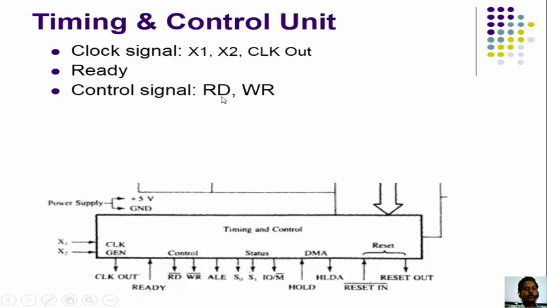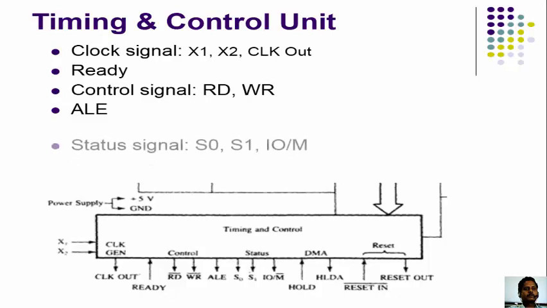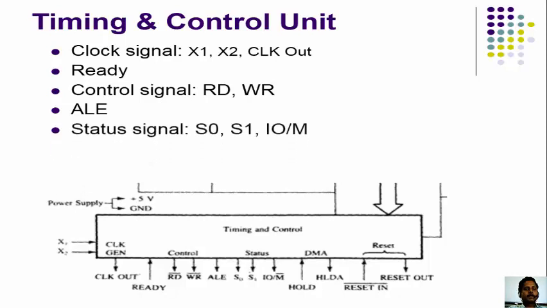These are the two control signals, active low read bar and active low write bar. Address latch enable, to demultiplex address and data lines. Status signals S0, S1 and IO/M bar.